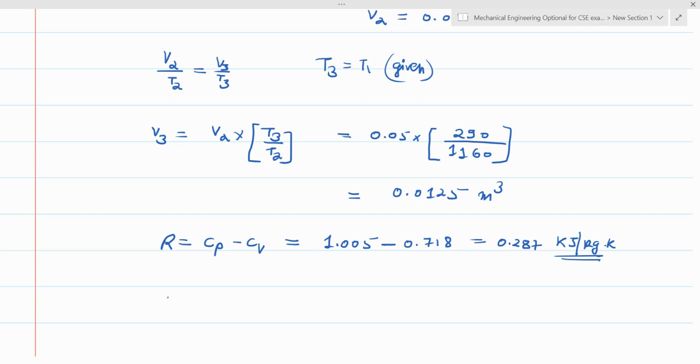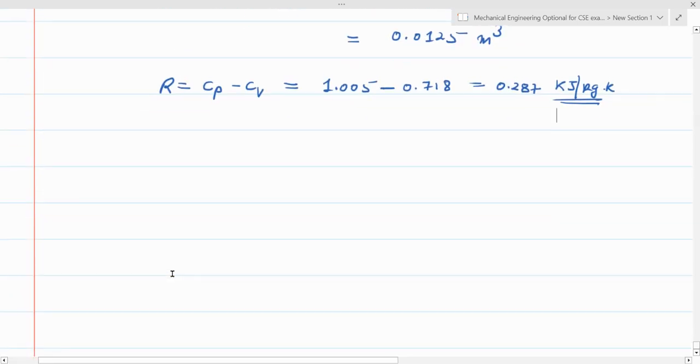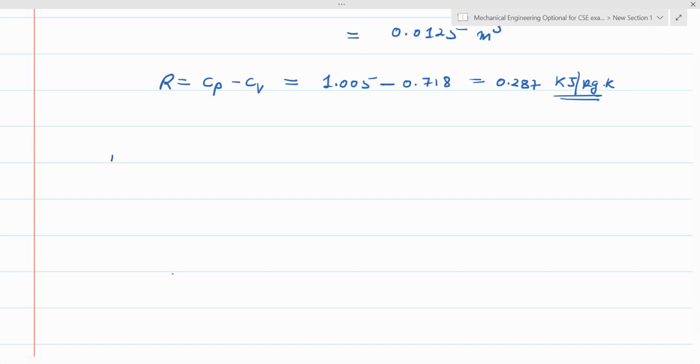Using the temperature, volume and pressure at state 1, we can calculate the mass of the gas in the system. Hence, mass m is equal to P1V1 by R into T1.